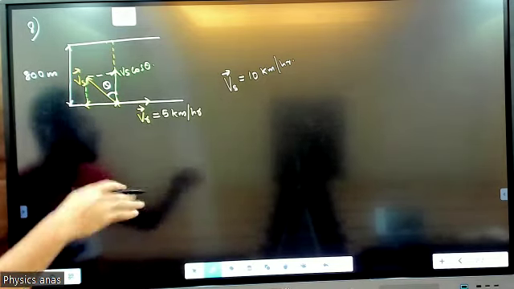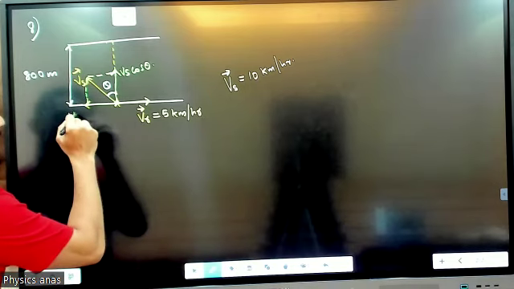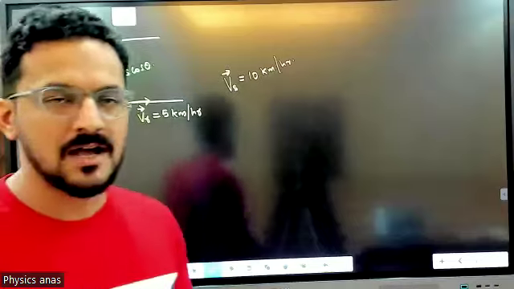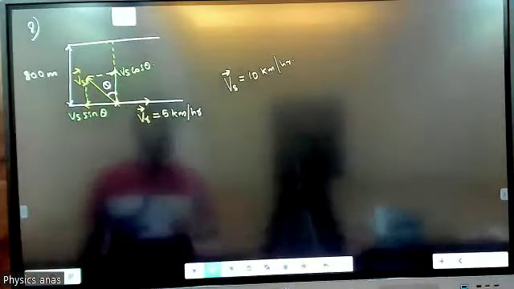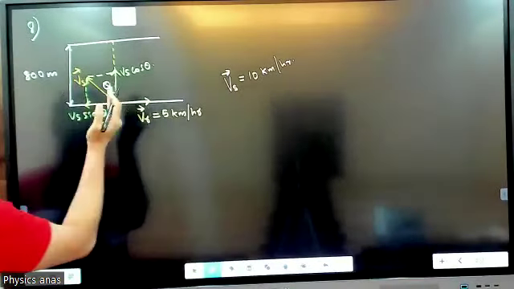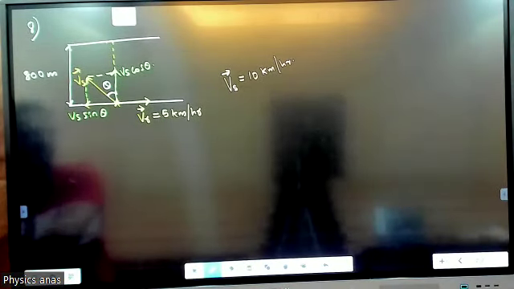And the component far from theta is Vs sin theta. And you have two vectors now: Vs cos theta in that direction and Vs sin theta in the opposite direction.